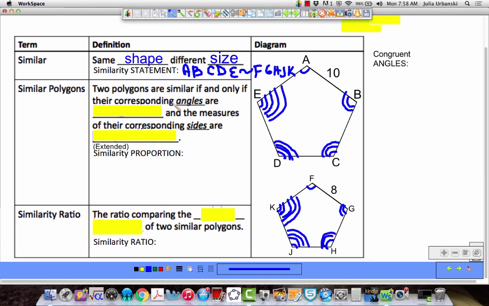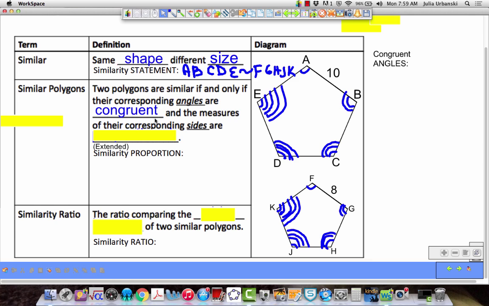Now, two polygons are similar if and only if their corresponding angles are, what makes the shape stay the same? What's the rule about angles? The angles have to be what? Congruent, yep. The angles hold the shape, make the shape stay the same. The angles are congruent, the sides are not congruent.